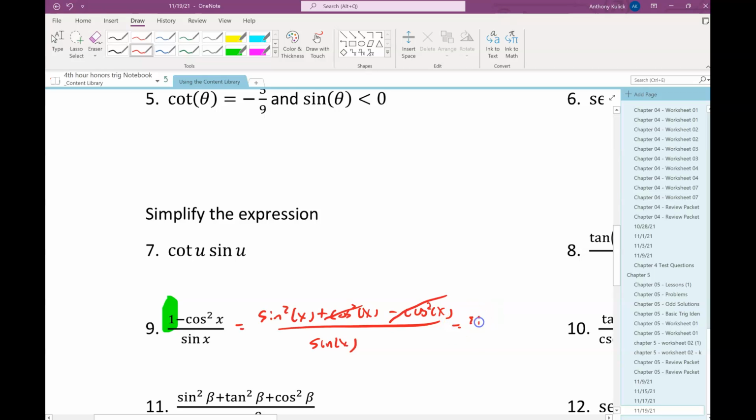Those things add to give me 0. And then this just reduces to sine x. Cool? So that trick where we replace 1 with sine squared plus cosine squared is useful, right? That's a trick you can use a lot.